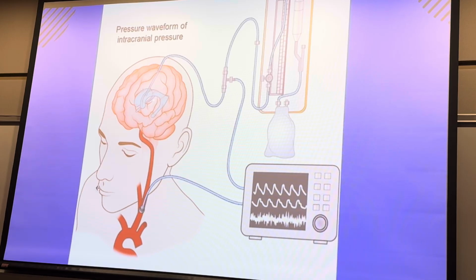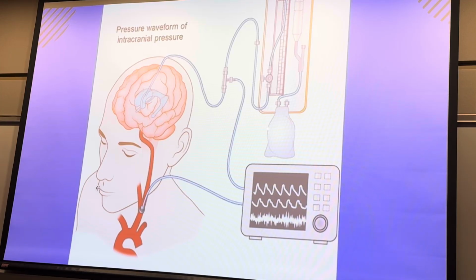So you have it directly inserted within the skull, and it comes up and has a system. It has a pressure management system, also gives you a waveform down here, but then it also has a CSF drain as well, and it kind of collects in this chamber right here, and it's kind of a slow, steady drip.